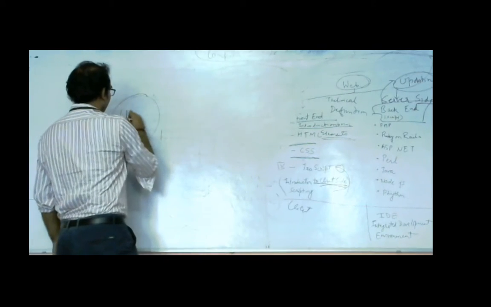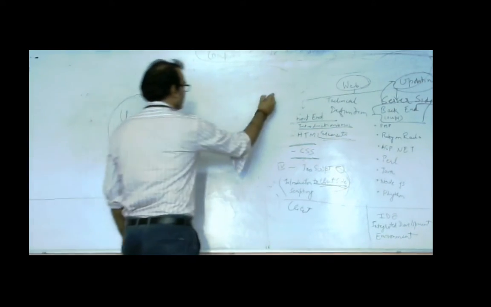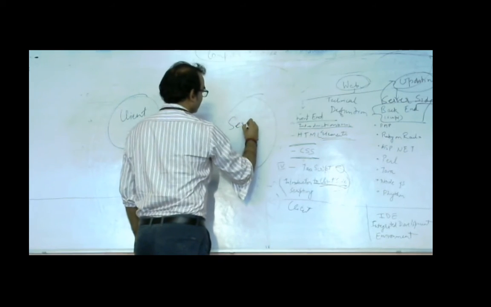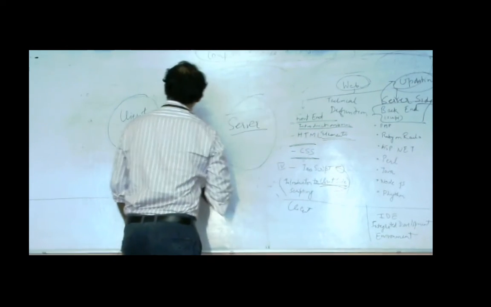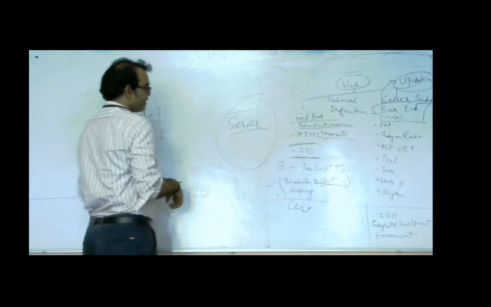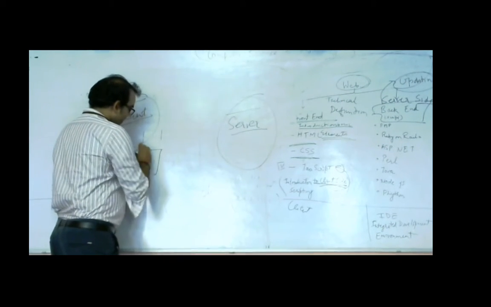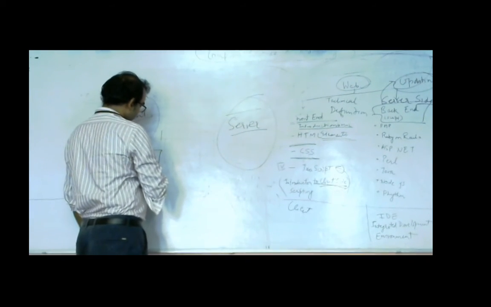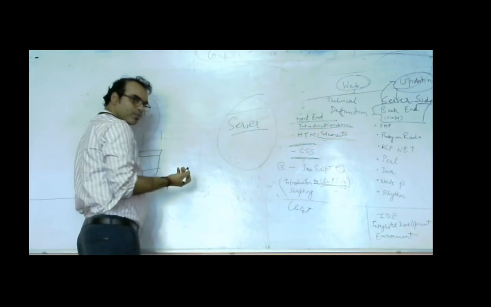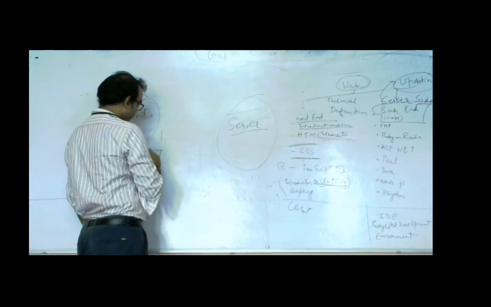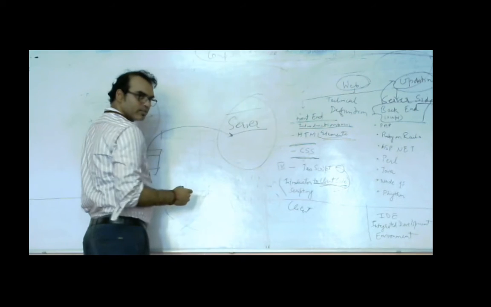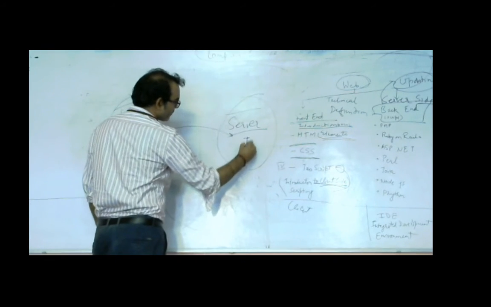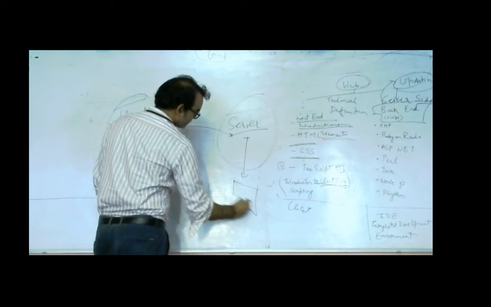Now, this is client, and this is server. Any client, any web page, like we are taking the example of Facebook. You update something, it will go to the server. The server will update its database.